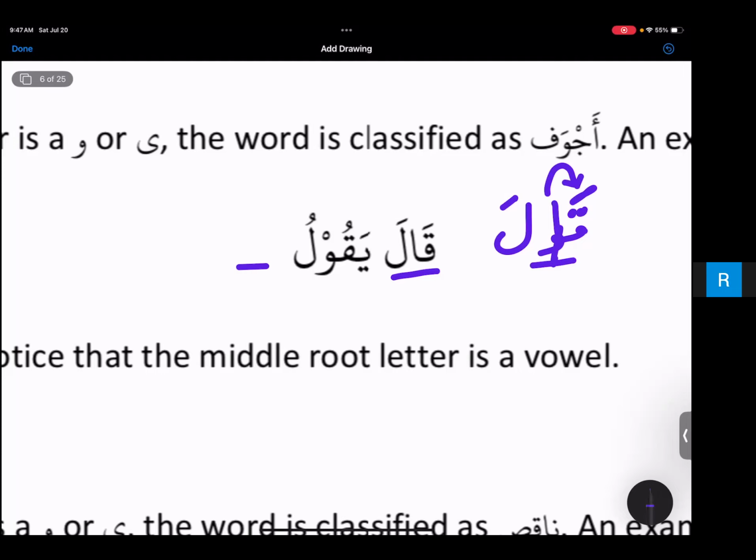Should I repeat one more time, or are you getting it? Repeat, please. Okay. We are saying that qala was actually qawala, yaqvulu. This is bab nasara. But when we say qawala and when we say qala, which is more fluent? Qala.